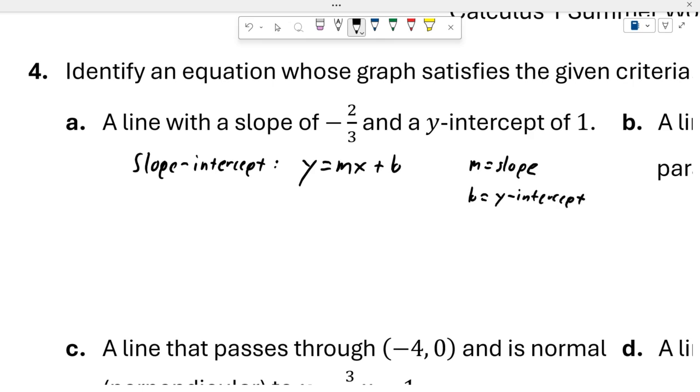So we have exactly the information that we need in order to express this equation. So y equals m, my slope is -2/3, the x stays, and my b is my y-intercept of 1, and that is definitely an equation of a line that we can use. So for 4a, y equals -2/3 x plus 1 in slope-intercept form.